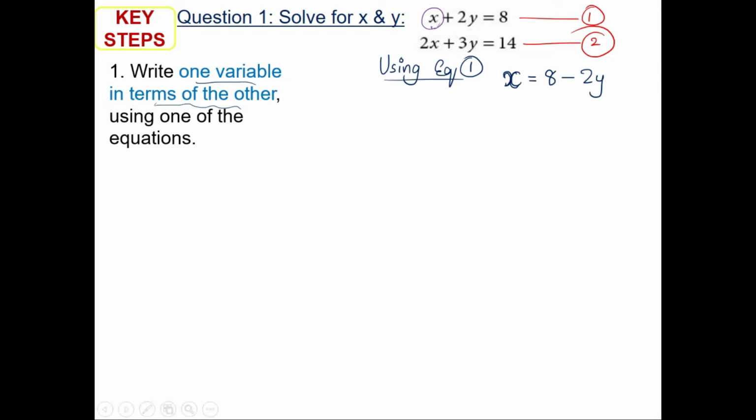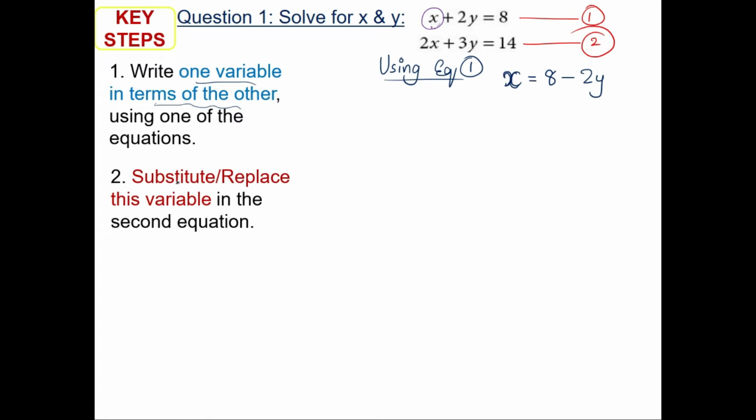Now step 2. Substitute or replace this variable in the second equation. Now my second equation here is 2x plus 3y equals 14. The method is substitution, so you're going to substitute or replace this variable in the second. So I'm going to replace x with the value 8 minus 2y in this equation.